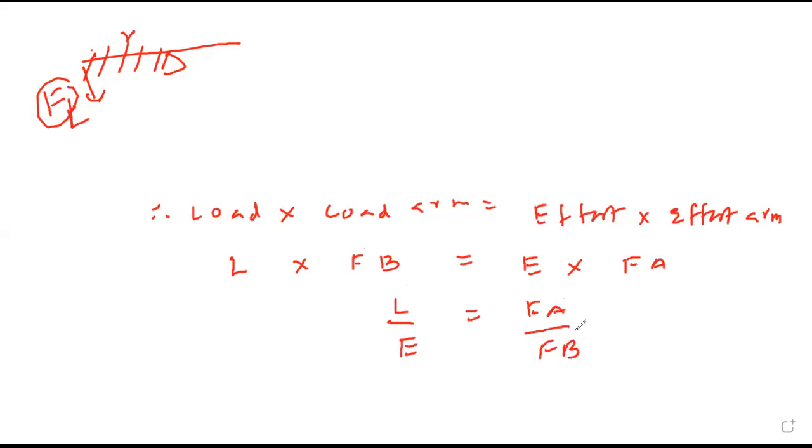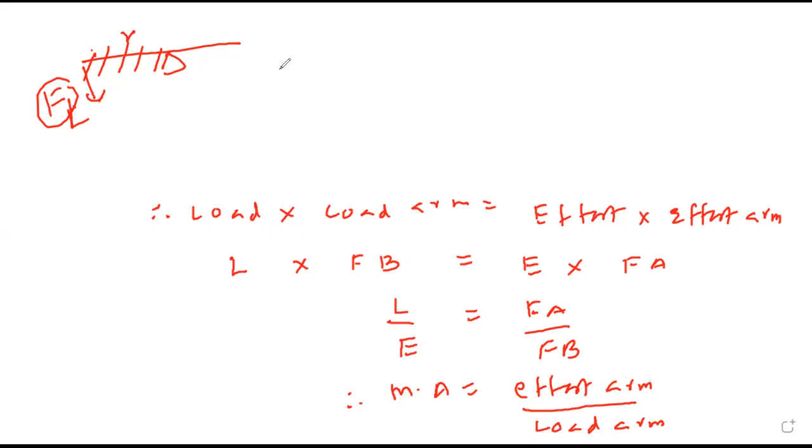What is load upon effort called? Mechanical advantage. Therefore mechanical advantage equals FA upon FB, that means effort arm upon load arm. It is a bit like velocity ratio, effort arm to load arm.